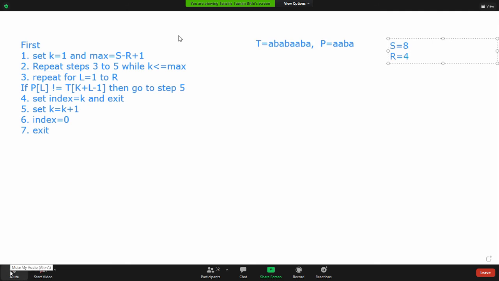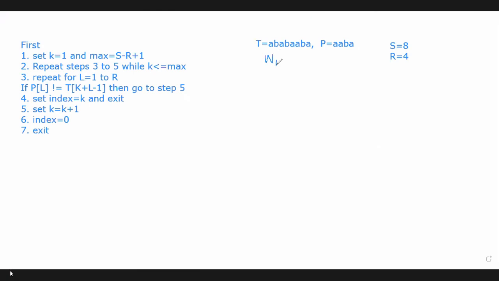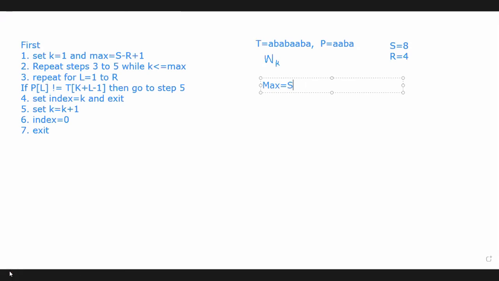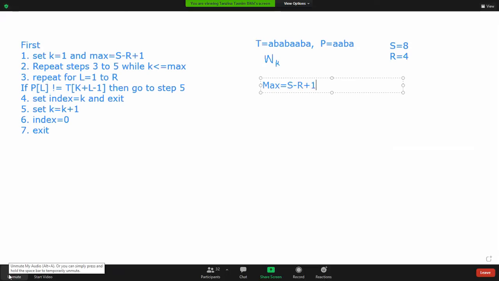5 substrings, right? And here we'll denote each substring by W K, and the value of the subscript K is from 1 to maximum, and maximum equals to S minus R plus 1. Okay, so now we can write all the substrings here.